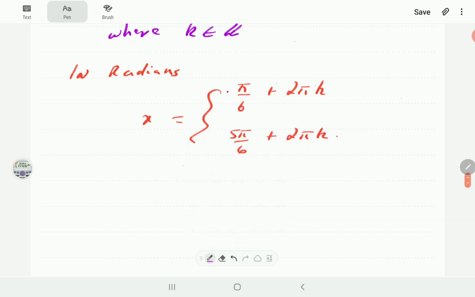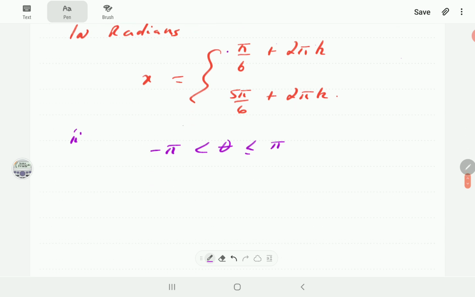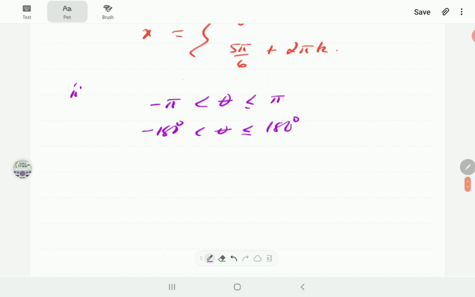Now let's go to the second part. In part 2, we want all values of theta in this interval. In degrees, this is the same as the interval between -180 and positive 180.